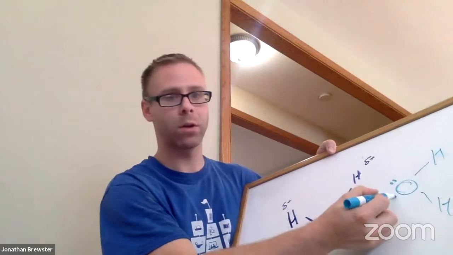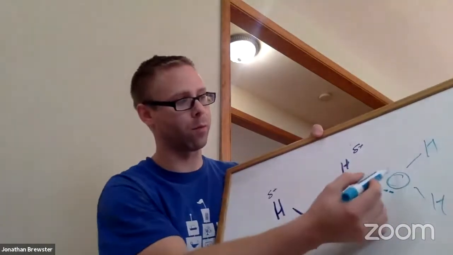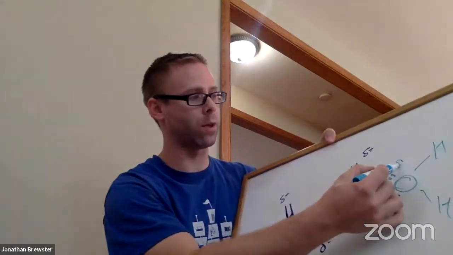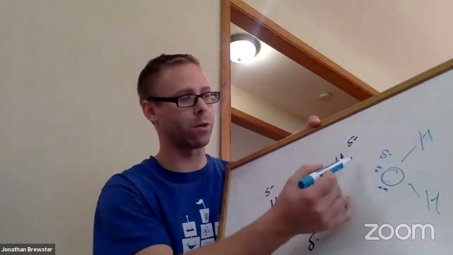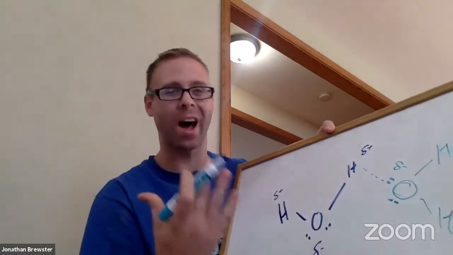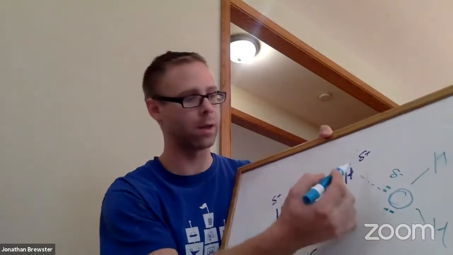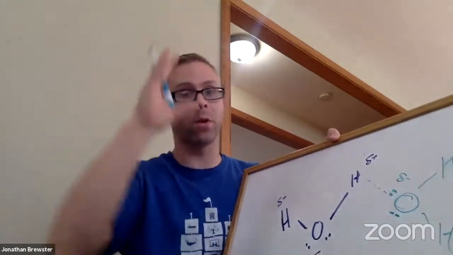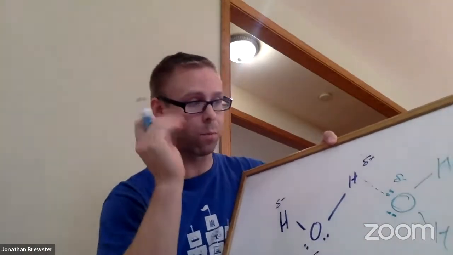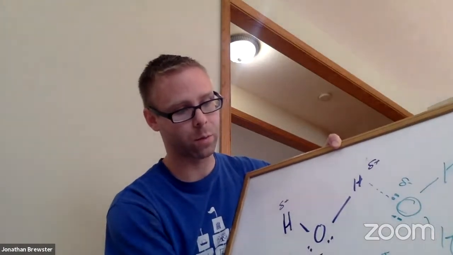He's going to have a lone pair of electrons. And since he's got a partial positive and he has a partial negative charge, they're going to line up. And these lone pairs are actually going to form something called a hydrogen bond. It doesn't mean that this oxygen has fully ripped away that hydrogen, but they're going to coordinate and line up just so perfectly. And this happens throughout all of the water.